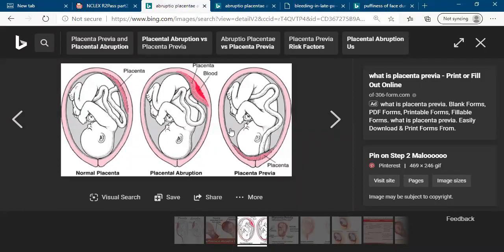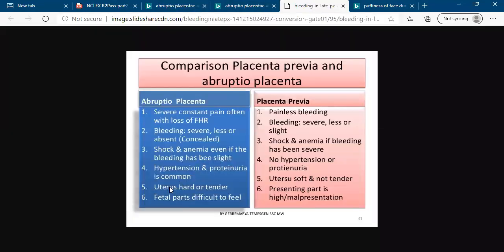In compare and contrast, in abruptio placenta, the blood is not red or bright, and it is painful. This is painless, this is painful, right? And also the uterus is hard and tender.